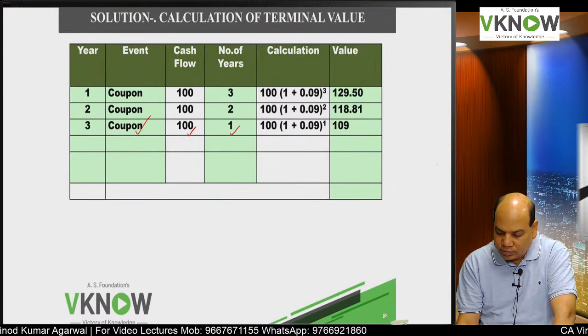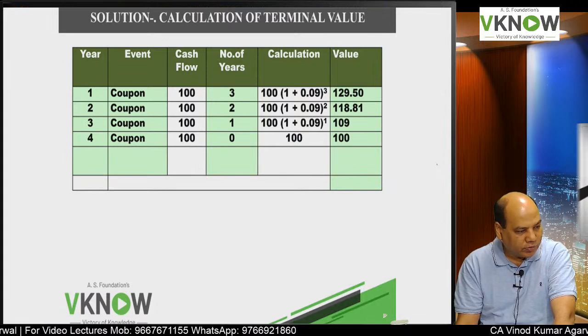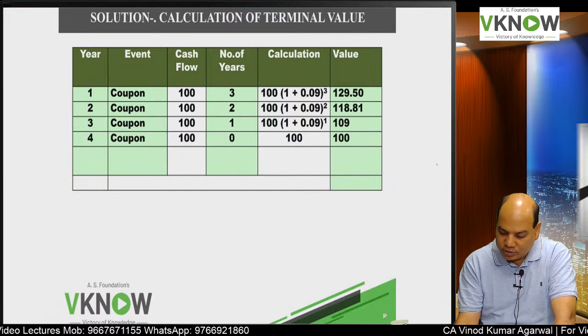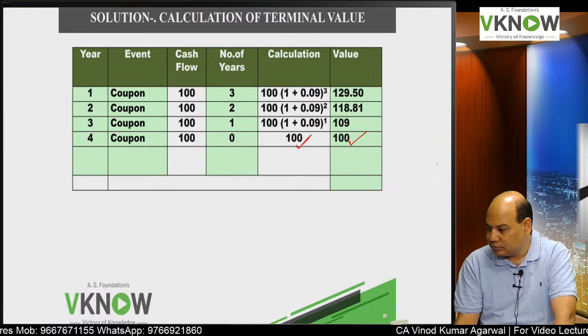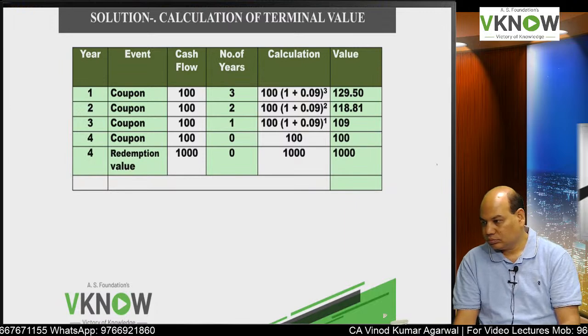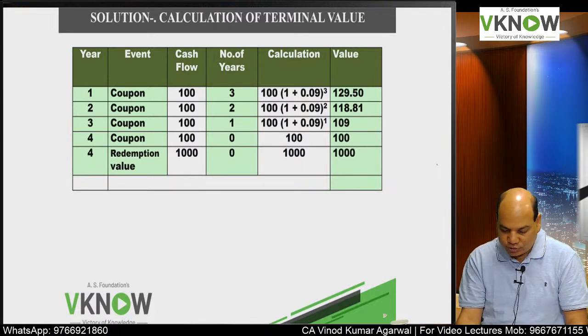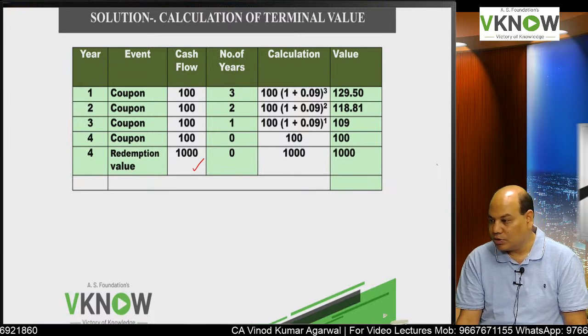Now in the last year, you will receive 100 rupees, but you are not going to invest it because this is the 4th year. This is the last year. So we are not going to invest it. So we'll keep it with us only. 100 rupees will remain 100. And one more thing, redemption value. You will get redemption value also. Redemption value is 1000 rupees. 1020 is the initial investment. 1000 rupees is what you will get.